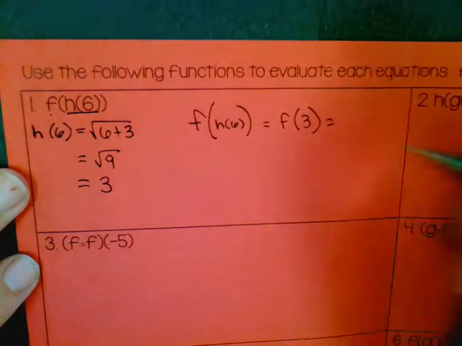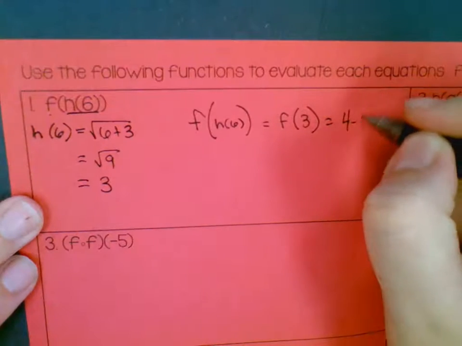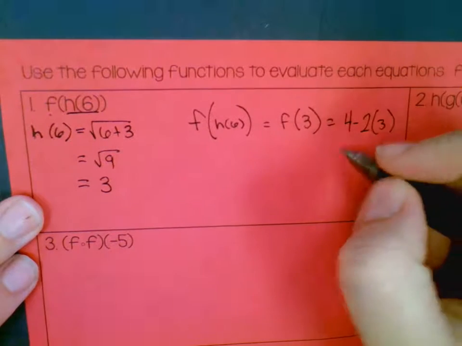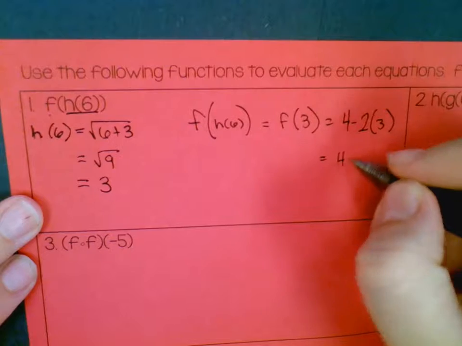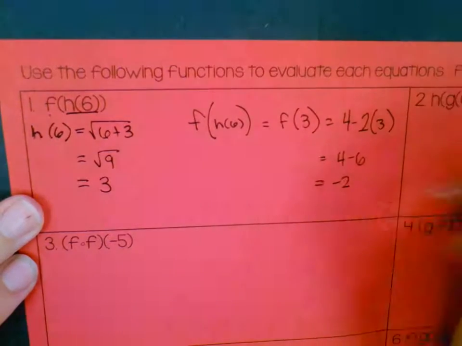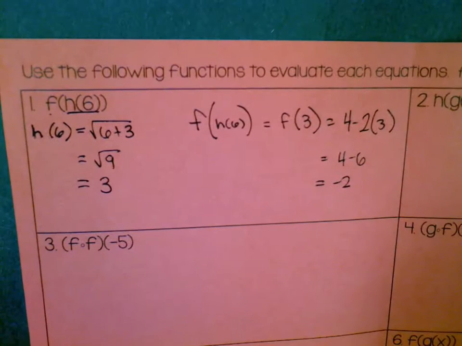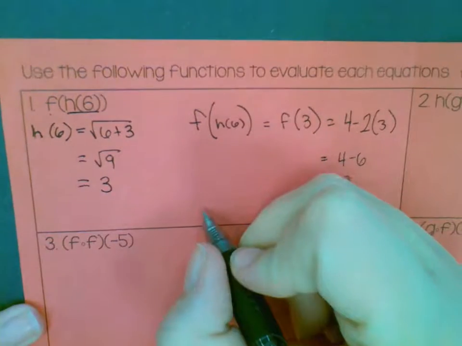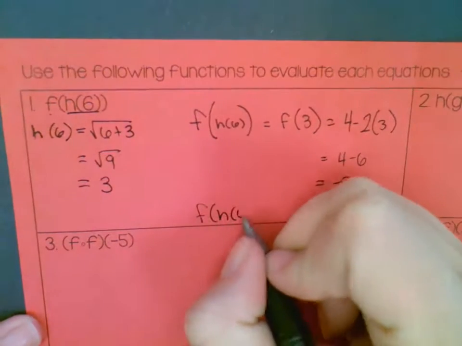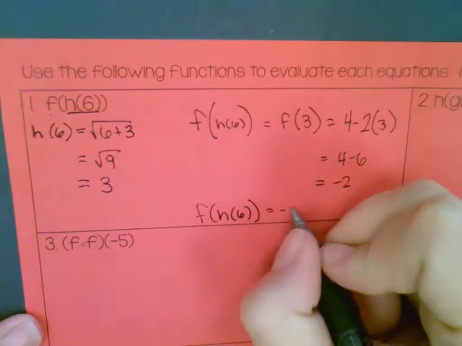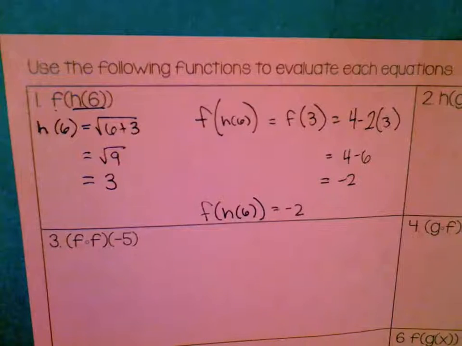If we plug that into f, we have 4 minus 2 times 3, which equals 4 minus 6, so negative 2. So f of h of 6 is equal to negative 2. And that's it for that.